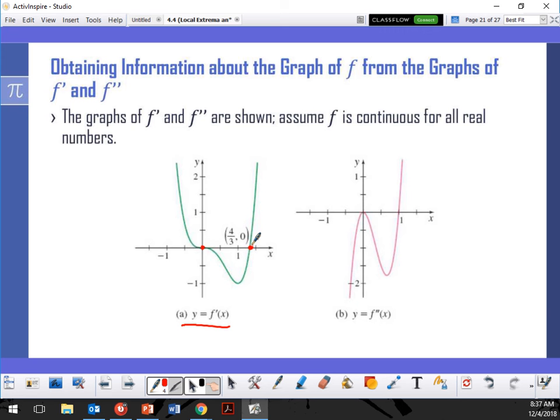So let's talk about the first derivative first. You can't think of it as a regular function graph. These numbers from here to here are what types of numbers? Positive, very good. They're positive numbers, right? So that means that's all positive slope. I'm going to change color on this one.